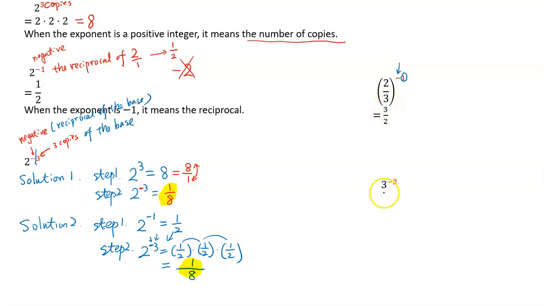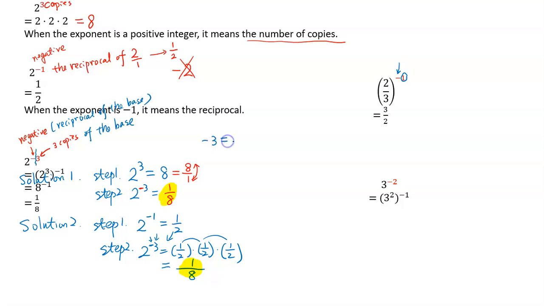Okay, so let's look at one more example here. So 3 to negative 2. And so again, we have 2 possible solutions, and we could split negative 2. And probably I can take a second to explain the two different solutions, what we did here, and why we could separate negative 3 into a negative sign and a 3.